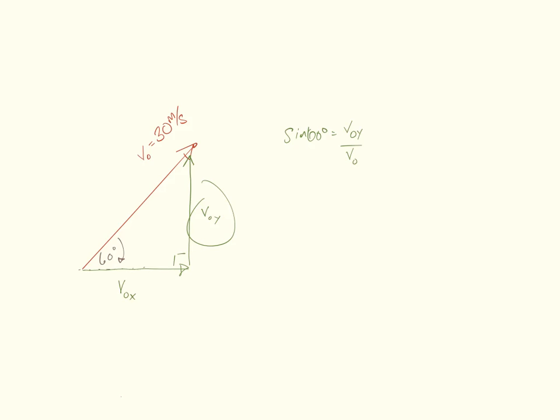Which is V naught y over V naught. So V naught y is going to be V naught sine 60. And cosine 60 is what? Over V naught. Good. So V naught x is going to be V naught cosine 60.